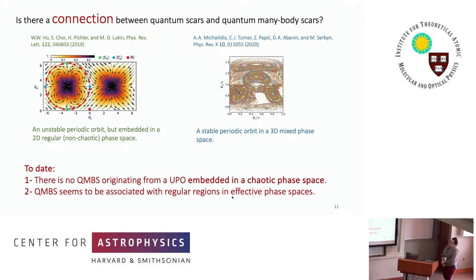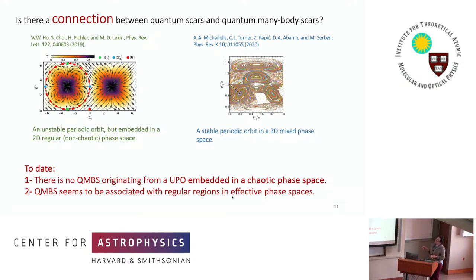Okay. So the reason why I'm saying that is because yesterday you saw this in Misha's slides as well. But this effective space is actually two-dimensional. So in two dimensions, you cannot have chaos. It is a regular region. It's an unstable periodic orbit living in basically a regular region.